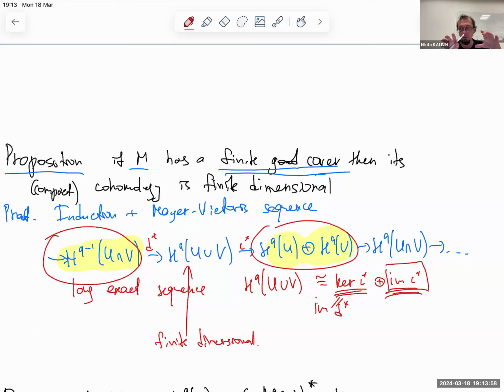And when we take the union of them, on each step everything constructed on the previous step is finite dimensional. Right. So now we can say induction by the number of elements of cover, by the cardinality of cover.